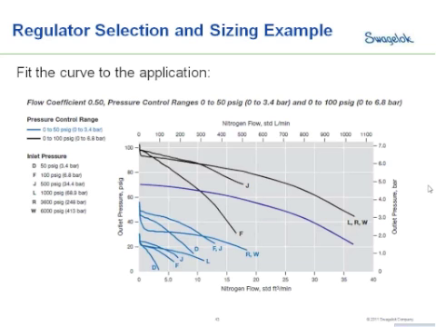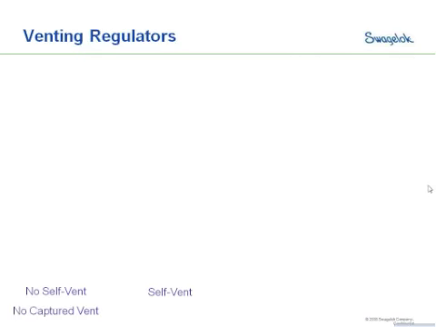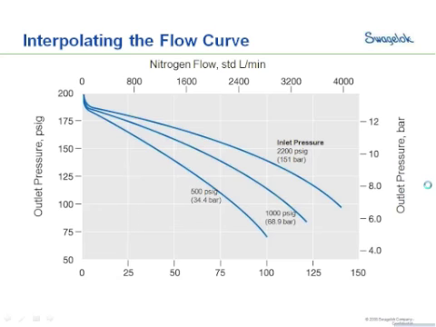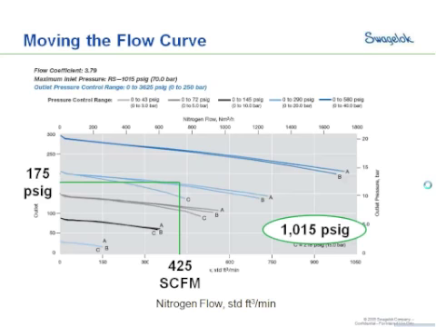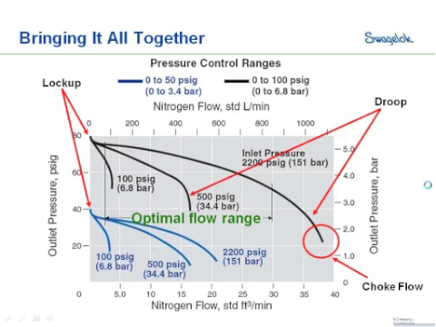What happens if you operate the regulator outside the optimal flow range? If we go outside the optimal flow range, and we'll back up to one of our previous slides real quick, depending on which side you operate on, you're either going to be operating towards your lockup area. So this is really below the usable flow range of the regulator.